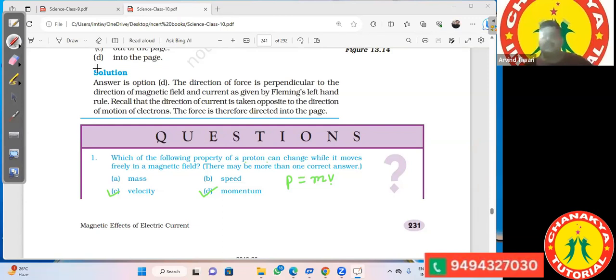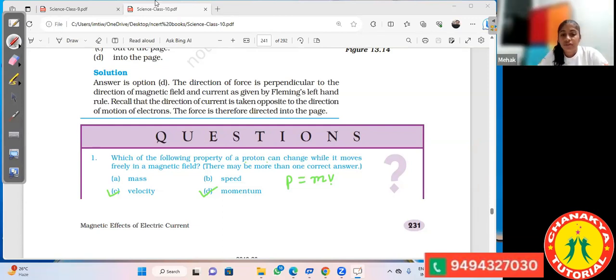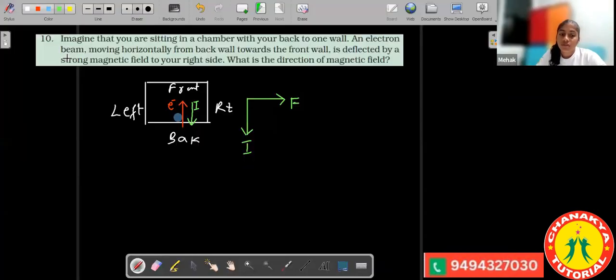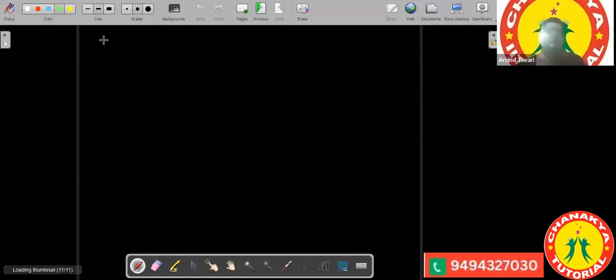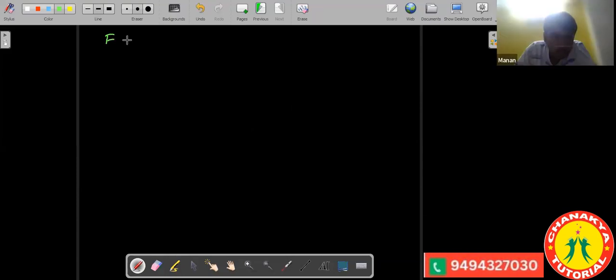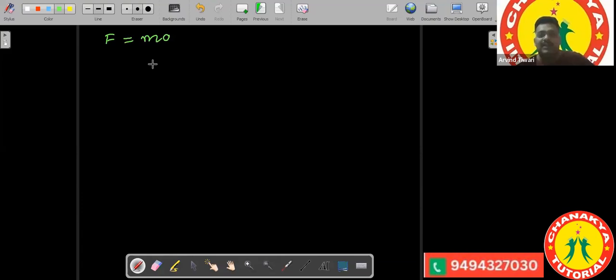See how the points are linked. We are saying that it is a charge, so it must experience a force. It will experience a force, right? So force is equal to mass into acceleration. That means there will be an acceleration, and acceleration is equal to (v minus u) over t.